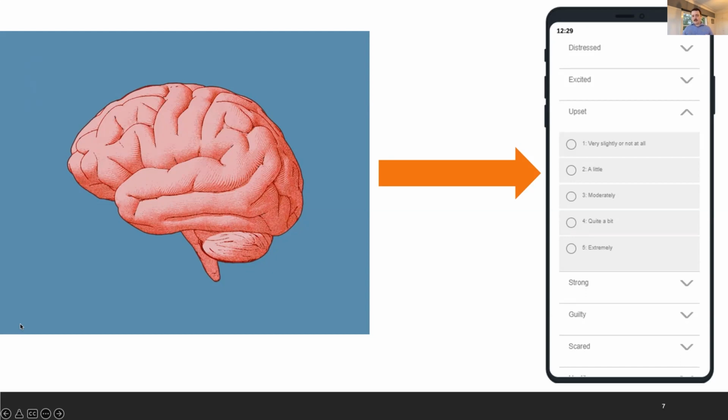Ultimately, there's a long chain of command that goes from the true underlying affective state all the way to the exact responses that someone gives on a scale. This is just an example to illustrate that most of the measures that we use measure the end product of that entire chain of command.